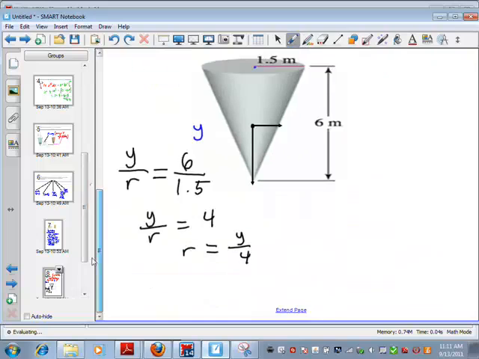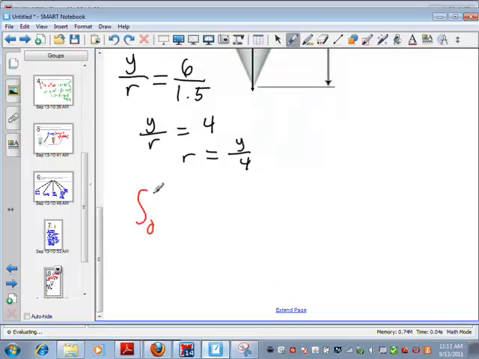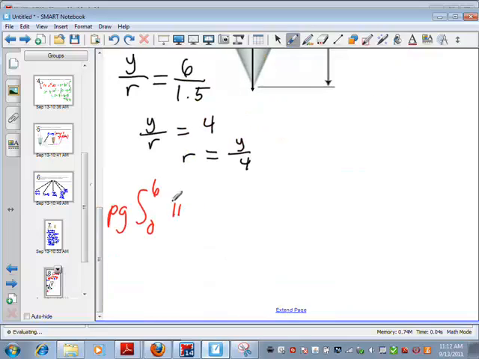6 minus y. It's the integral from 0 to 6 of rho times g of pi times (y over 4) squared times (6 minus y).